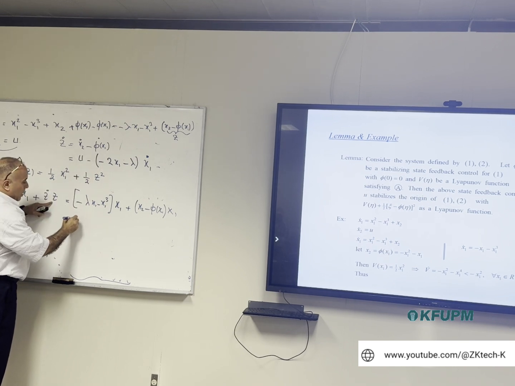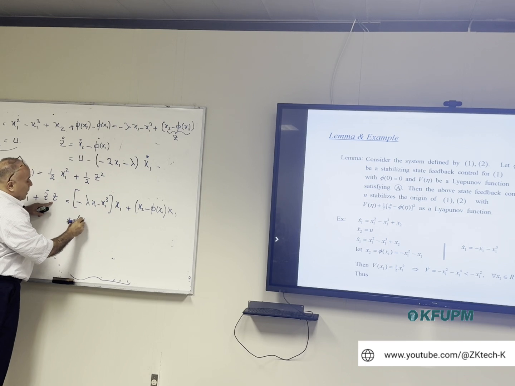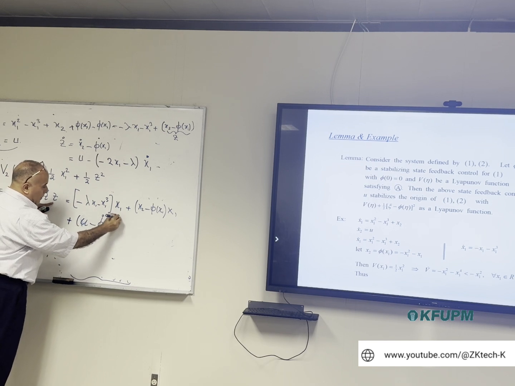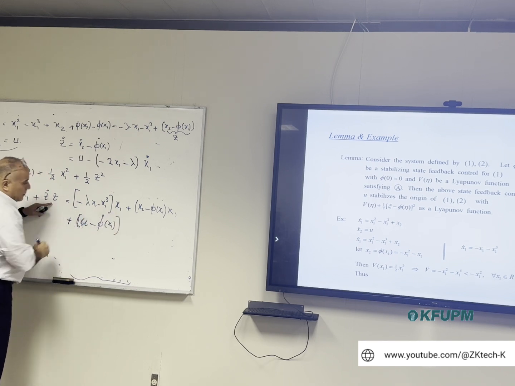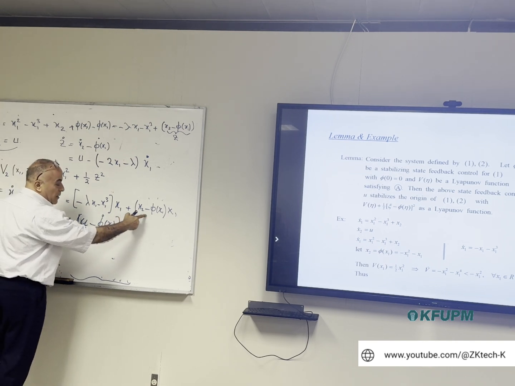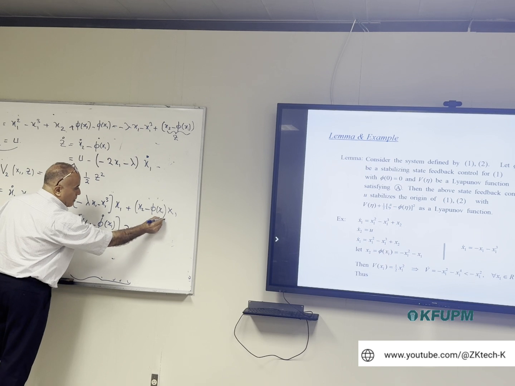So we are going to write x2, u, minus phi prime of x1, multiplied by z. Z is this, so this is also z.